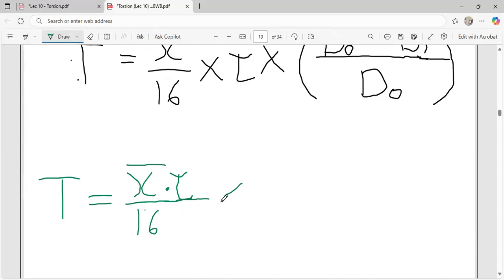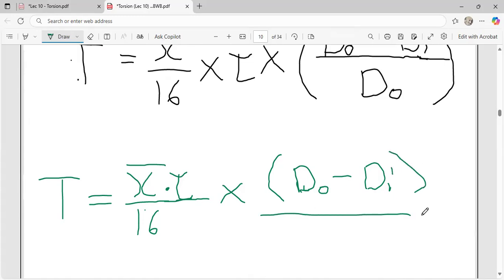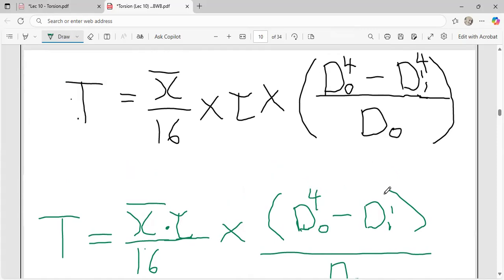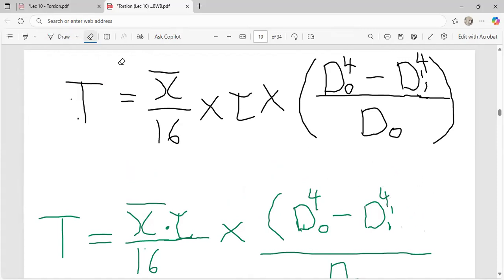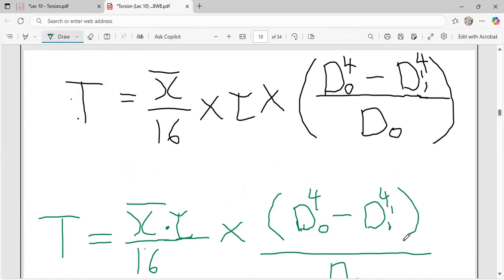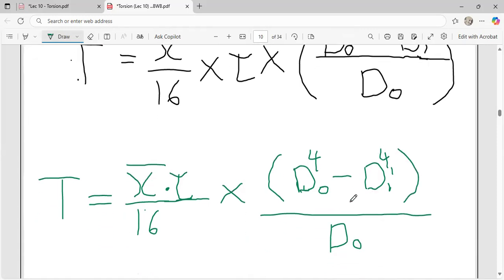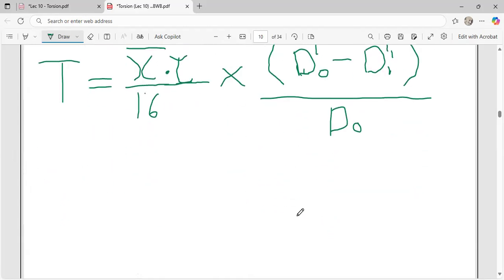It's the same as this, multiplying all of this, this T. This is the same as this. They are the same thing. So that can be written as this, and this can further be written as this.